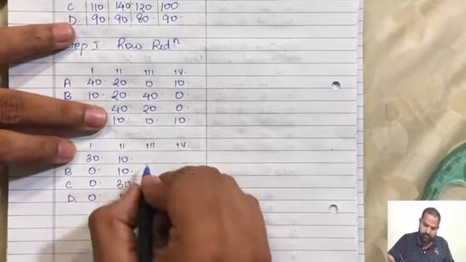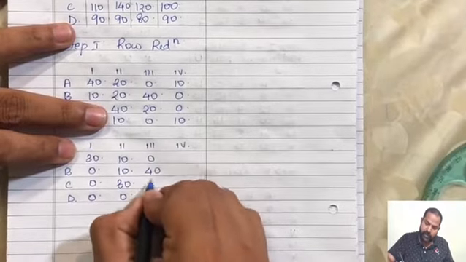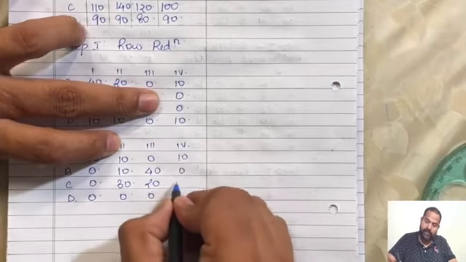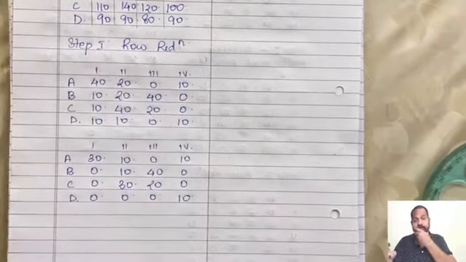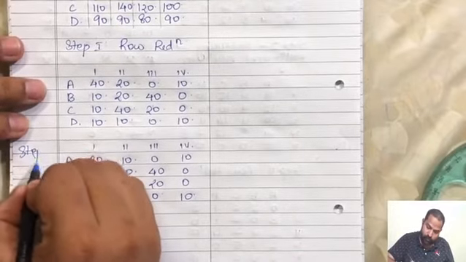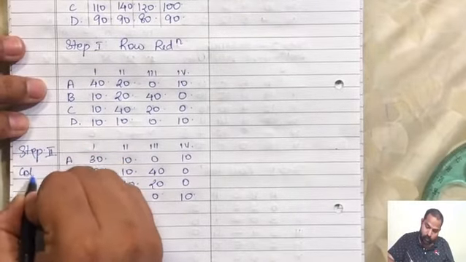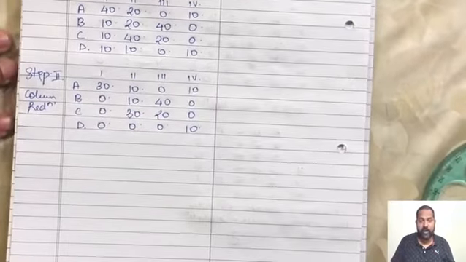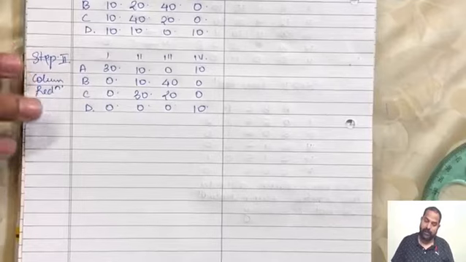Already a 0. So no reduction required. 0, 40, 20, 0. Already 0. So 10, 0, 0, 10. Sorry, I forgot to write. This would be step 2. Column reduction. Step 1 row reduction. Step 2 column reduction. Done.